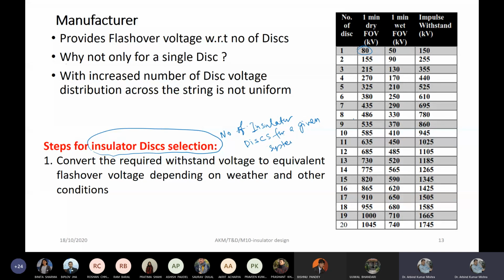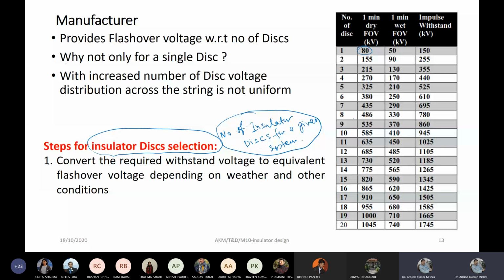Our objective is very simple. To clarify, we have discussed many things over the last 3-4 classes. Now we are in a position to finally get the appropriate number of insulator disks for a given system voltage. There are some steps followed based on whatever we have discussed so far.